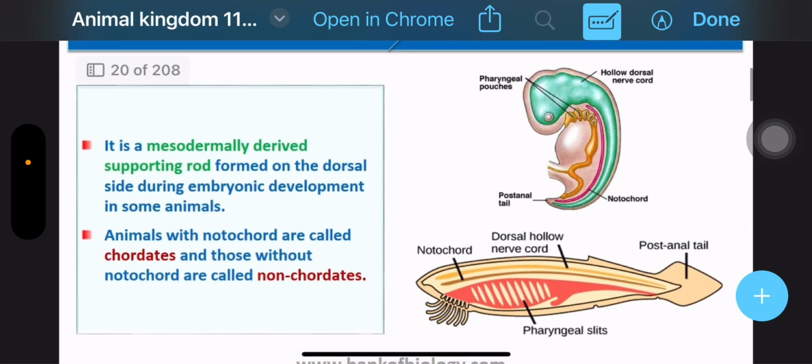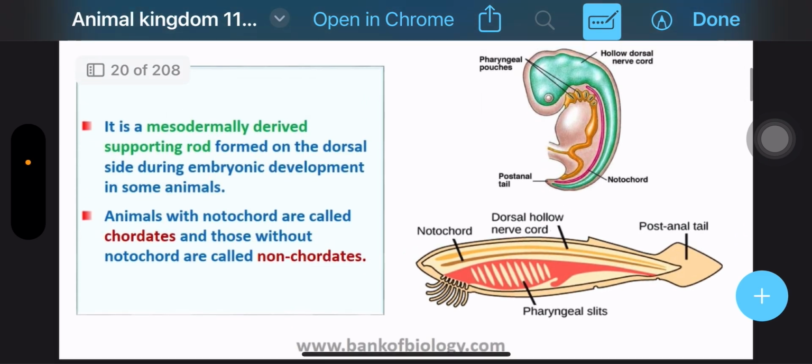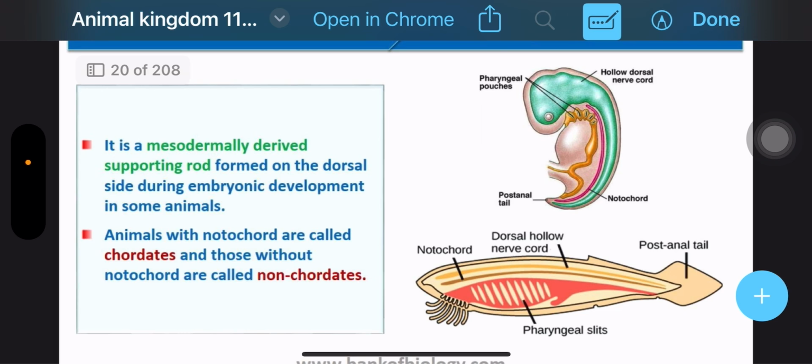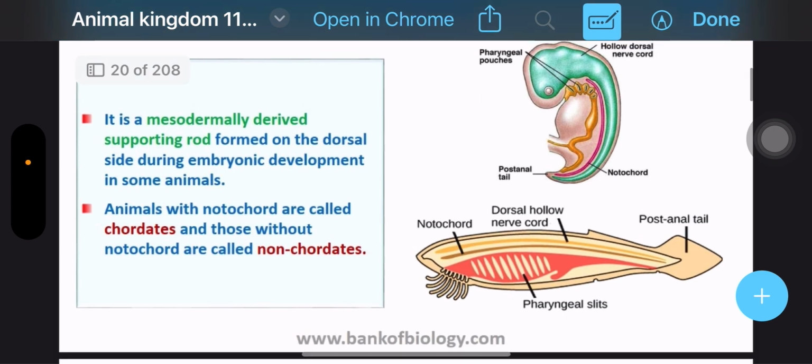So last, notochord: presence or absence of notochord. Notochord is derived from mesodermal origin. It's a supporting rod-like structure present dorsally. During the embryonic stage it will be formed. Animals with a notochord are called chordates, and animals without a notochord are called non-chordates.